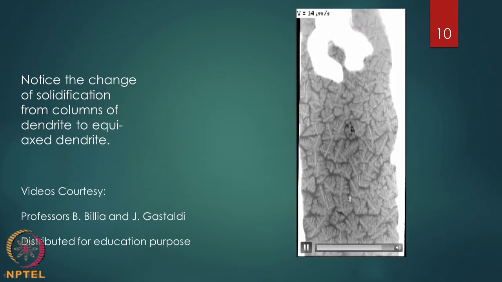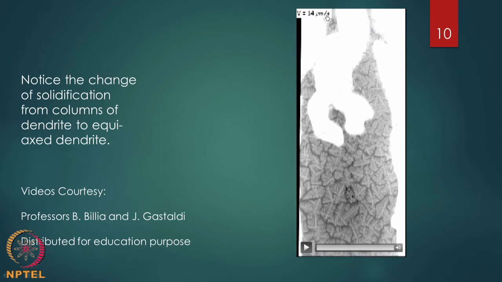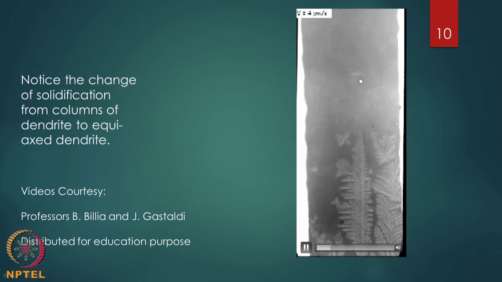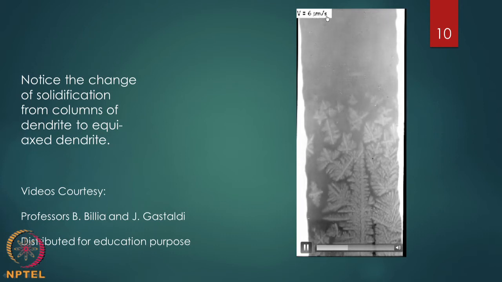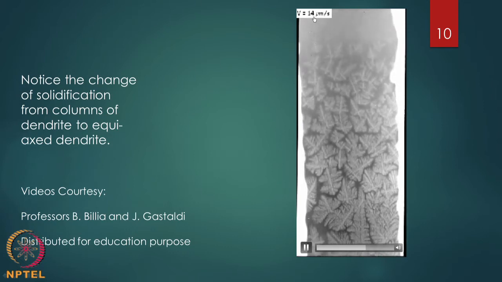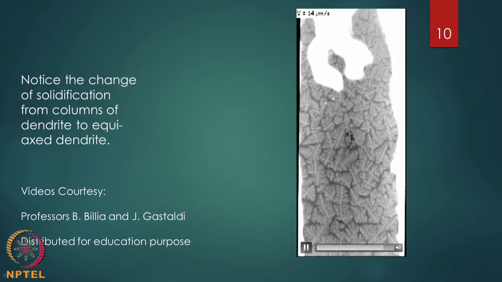So, which means that as we increase the velocity to 14 micrometers per second, as it is done in the synchrotron facility, you see that the microstructure is changing from columnar dendritic to equiaxed. So, from 2 to 4, as it keeps going up, 6 micrometers per second, and then 8, and then 14, you can see that most of the solidification is happening in the equiaxed mode.